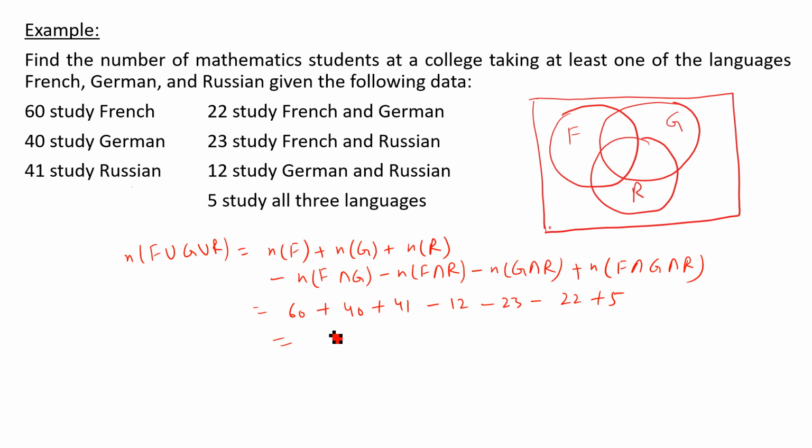So 60 plus 40 is 100, plus 41 is 141, plus 5 is 146, minus 12, minus 23, and 22 gives 45, plus 12 is 57, so minus 57, and this is 89. So 89 students study at least one of these languages.